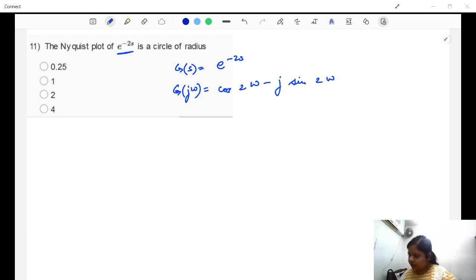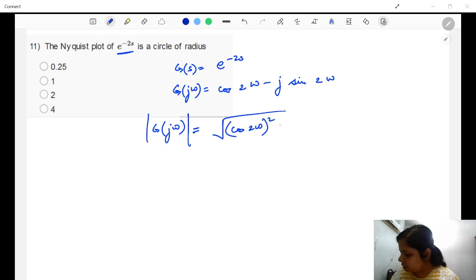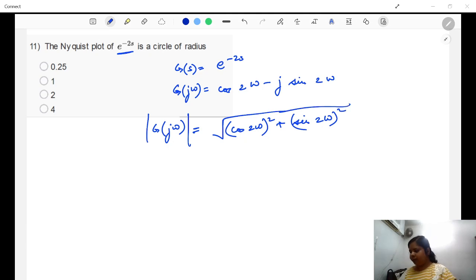And after this, if you try to find the magnitude, since it is cos and sine, again it is coming from some intuition. Magnitude is under root of cos squared 2 omega plus sine squared 2 omega. This is your magnitude, right?